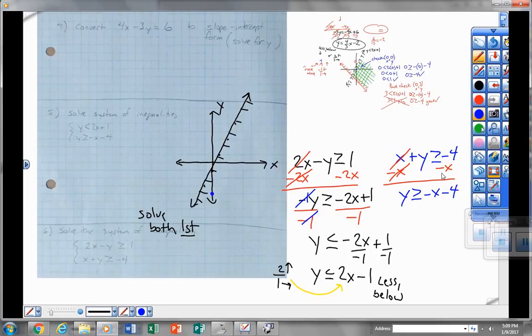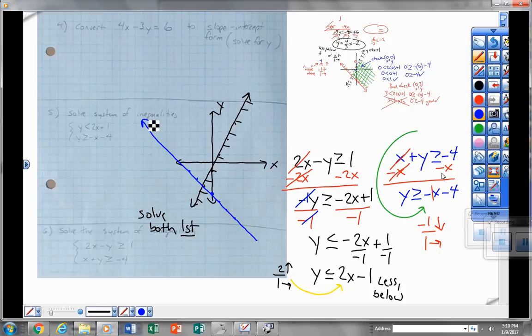And then that number in front of x is negative 1. So that slope is negative 1 over 1, which means from that starting point of negative 4, every time I go over 1, I go down 1, over 1, down 1. Make sure you stair step that in both directions. That will be another solid line.